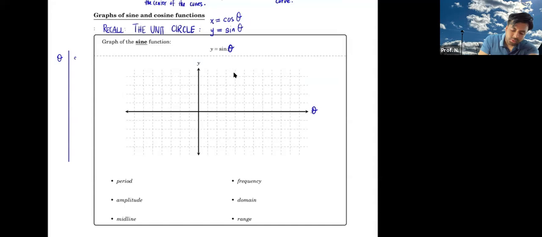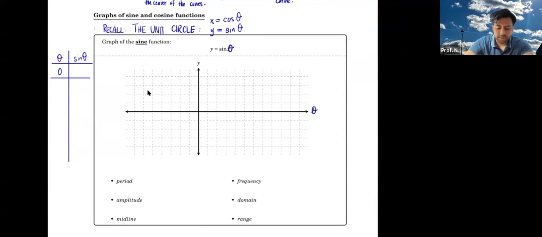So at 0 radians, what is sine? Does anybody remember?